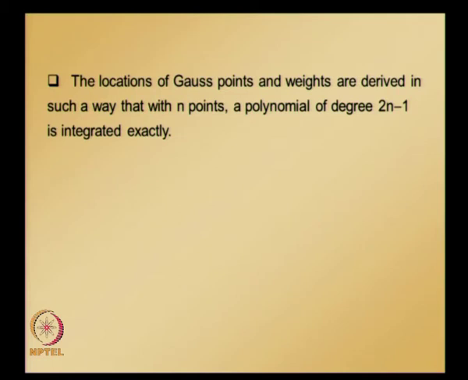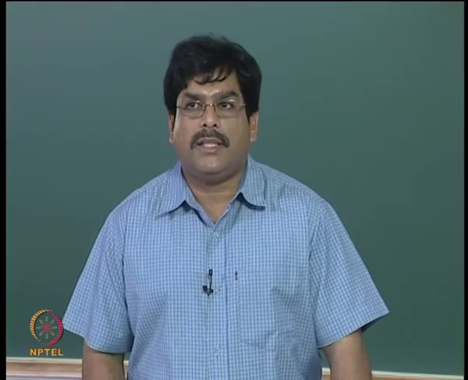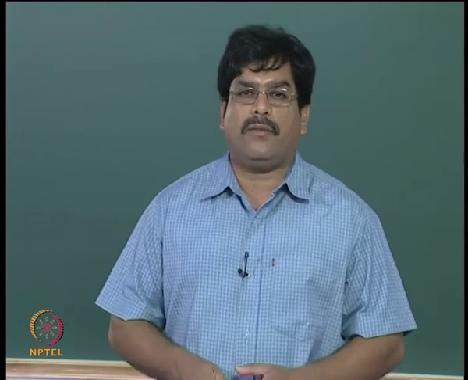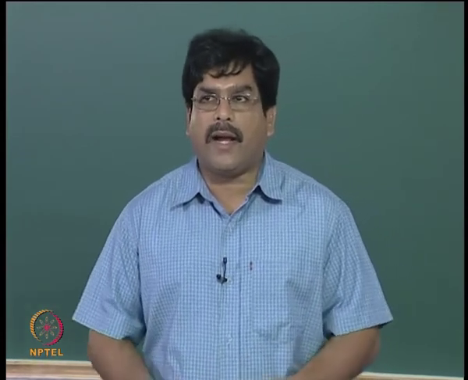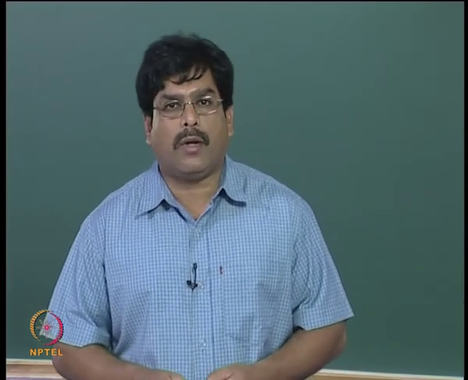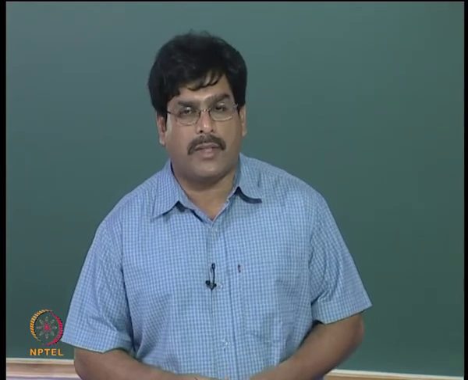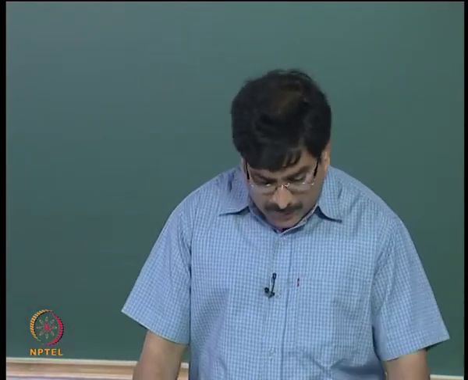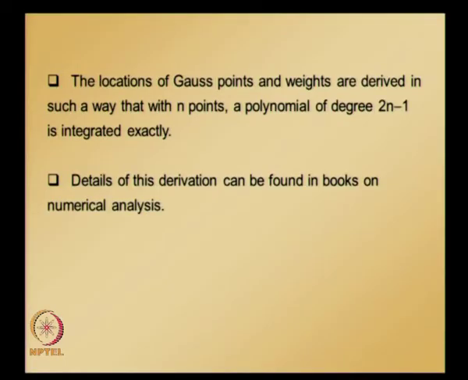So, the values of Gauss points, that is x_i and w_i, are derived based on this condition, and it automatically follows that if we adopt n points, we can integrate a polynomial of degree 2n minus 1 accurately. The details of this procedure, how to obtain these Gauss points and weights, can be found in textbooks on numerical analysis.